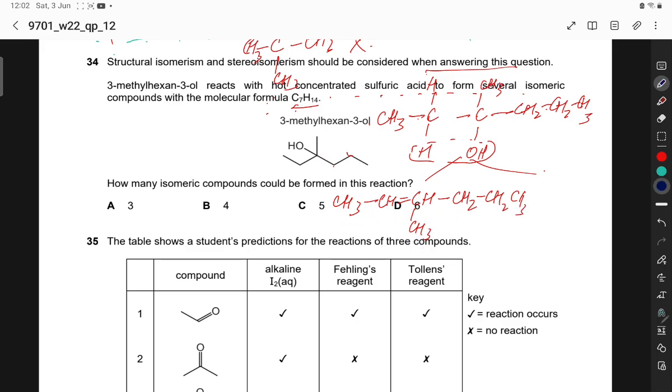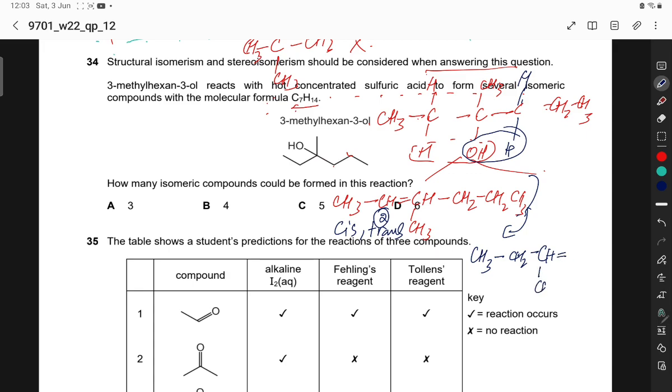This is one compound, and it has cis and trans, 2 isomers from this side, and another option is, now, this is an elimination reaction, if H is removed from this side, the option is CH3, CH2, CH double bond CH3, CH2, CH2, CH3.